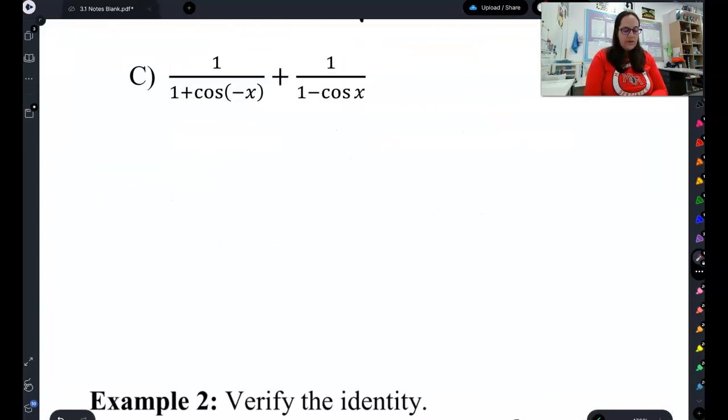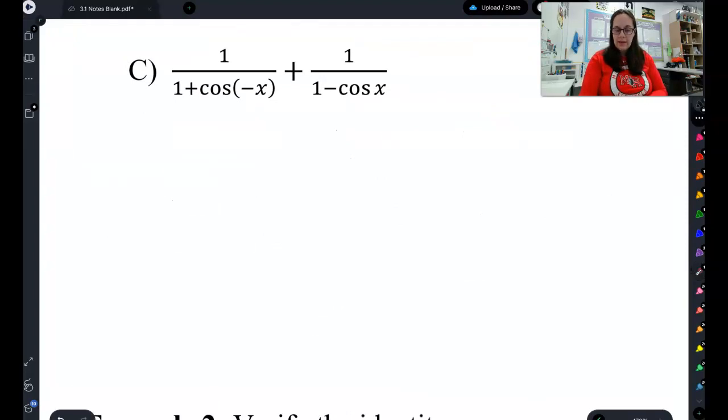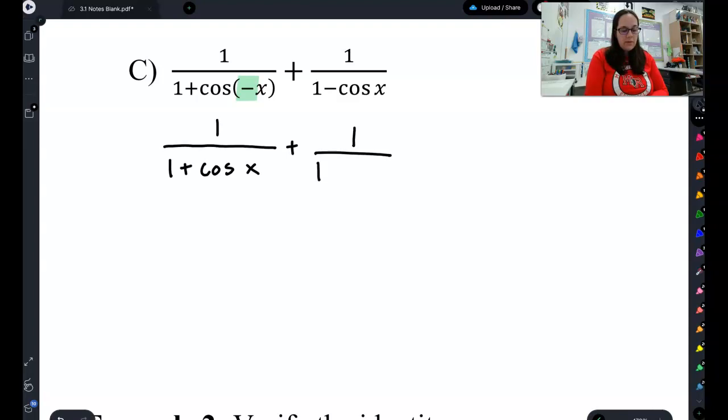Let's try one more of these. So let's try C. I'm going to get you started on this one. This time we have cosine of negative x. Remember, cosine is one of the two where the negative just goes away. So we have this.